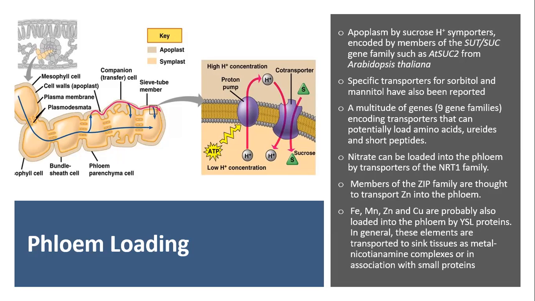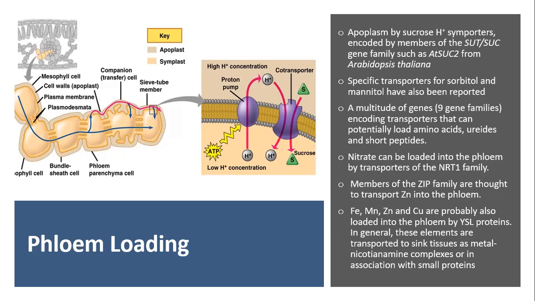We know that there are specific transporters for specific ions. If we just talk about the nutrients, the inorganic ions, they have specific transporters for calcium, potassium and magnesium, and some of the transporters are also shared by different ions.